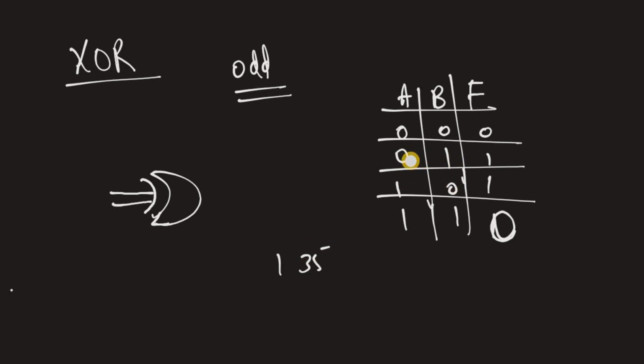So yeah, every time the sum equals an odd number, we're going to Xnor gate.